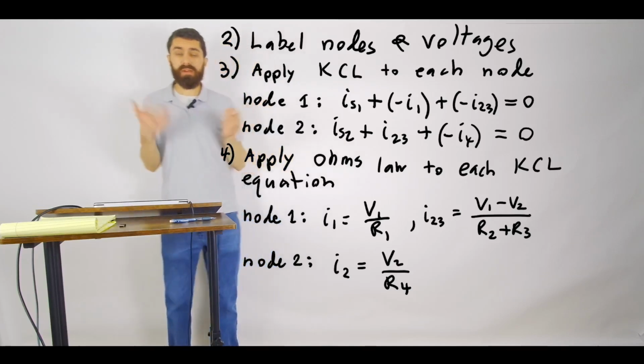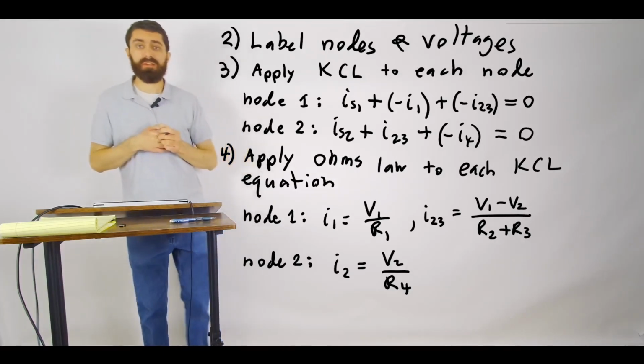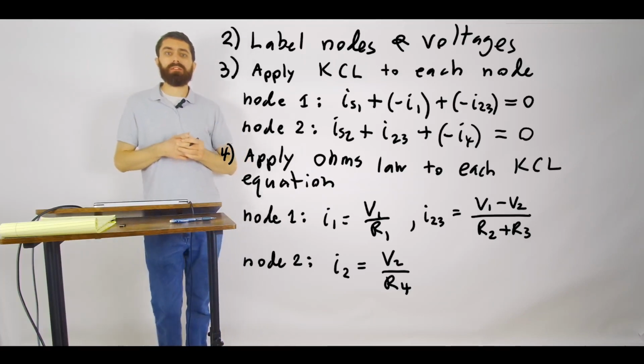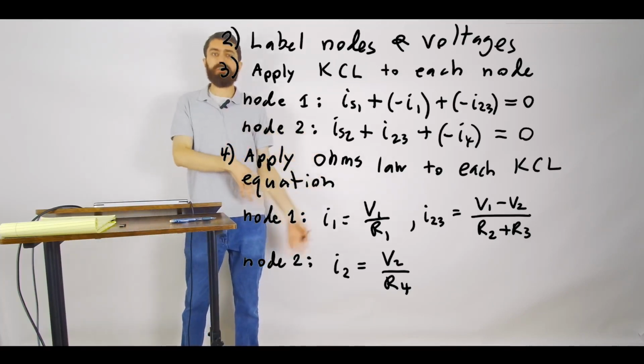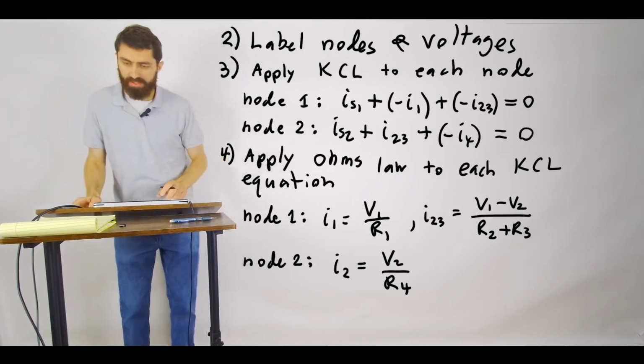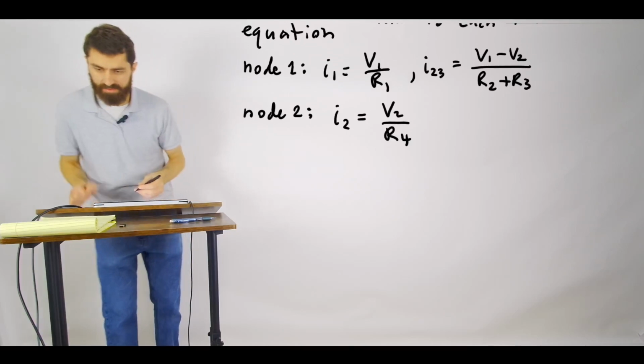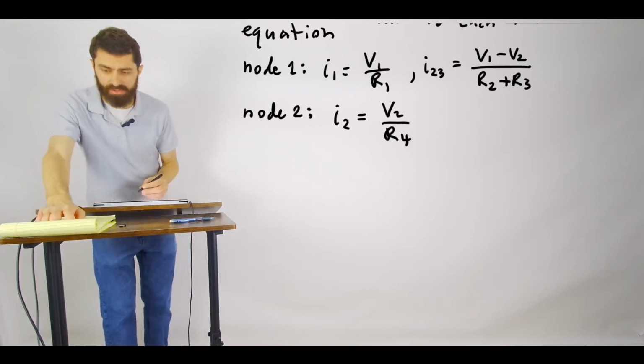And essentially what you then have is two equations and two unknowns, which is your nodal voltages V1 and V2. So I'm not going to go through all the steps, but if you plug those in and do a bit of algebra, you can arrive at the following expression for your equations here.